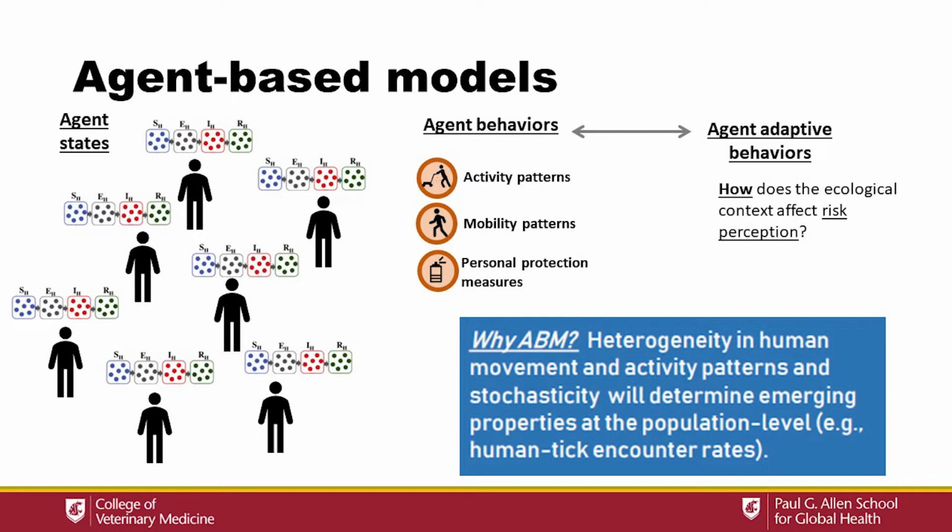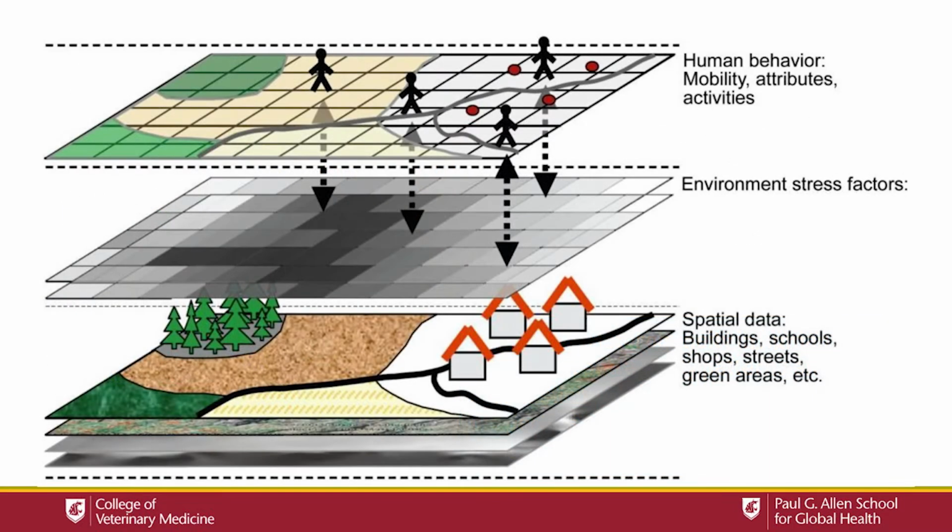Each person can have different behaviors, and they can also adapt their behaviors based on their exposure. That gives us a lot of flexibility to have heterogeneity in human movement, and also introduce some stochasticity into the system and understand this human-tick contact rate as an emerging property at the population level.